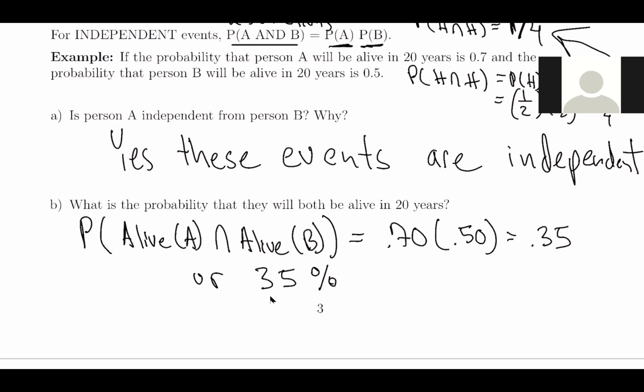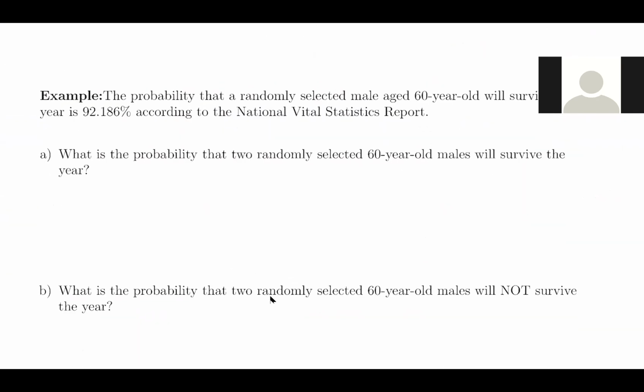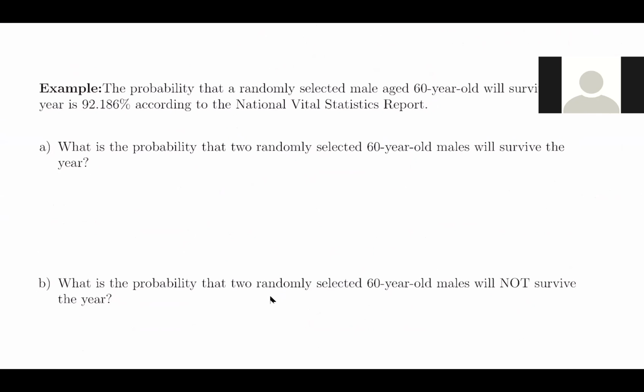All right, so let's scroll on down and get to the last page. For this one, it says the probability that a randomly selected 60-year-old male will survive the year is 92.186%, according to the National Vital Statistics Report.